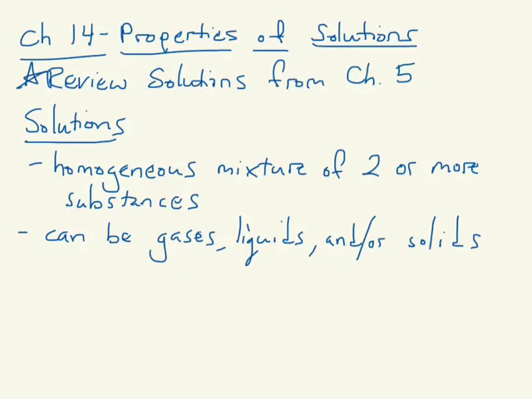You could have gases dissolved in liquids. Soda, my favorite: CO2, a gas, dissolved in water, which is your liquid. You could have two liquids mixed together, say water and alcohol, which makes a homogeneous solution. Your typical solid in a liquid, pick any ionic solid, like table salt: dissolve that solid into a liquid and you've got your solution. You could also have two different solids mixed together.